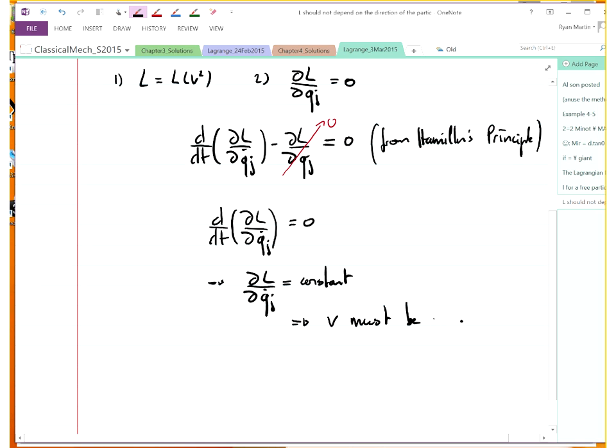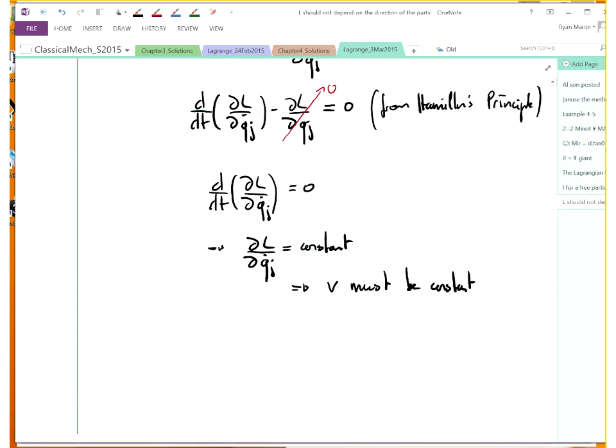So we can already establish that v must be constant. That, of course, is the equation of motion: a particle whipping around in free space with no forces on it is going to have a constant velocity. And so we can already tell that that's true.